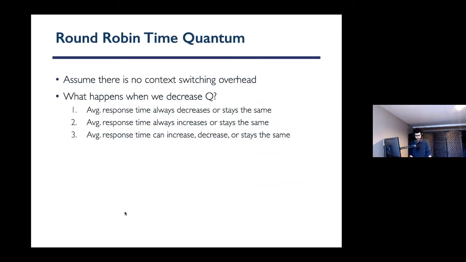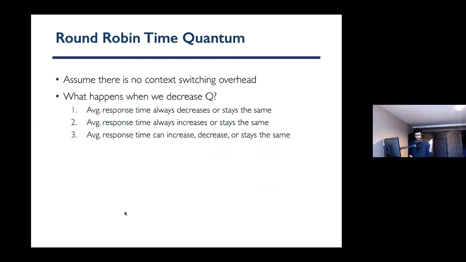So here is the question. Assume that the context switching overhead is 0. So let's put that aside. Now I'm going to play with the size of the time quantum, and I want to see how that affects the response time of my system.